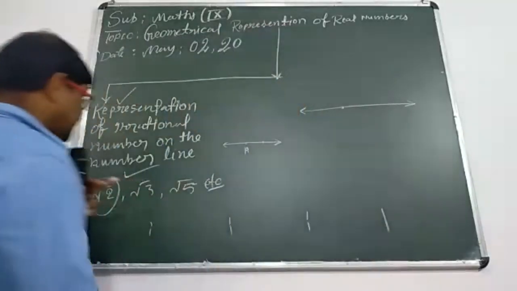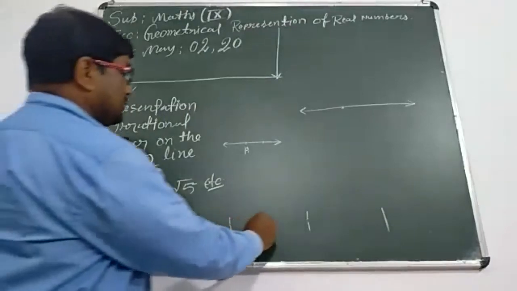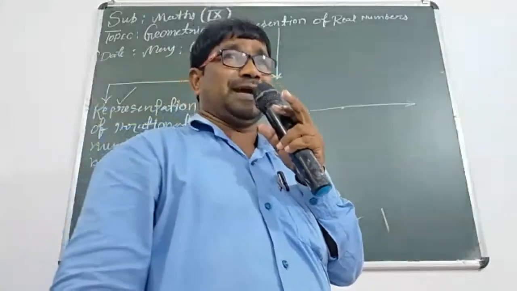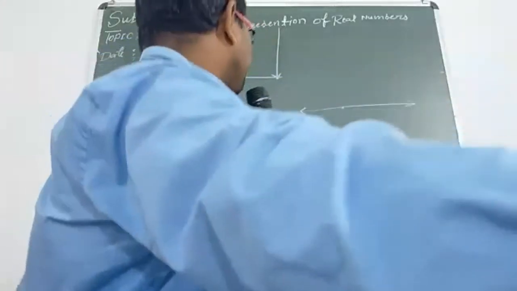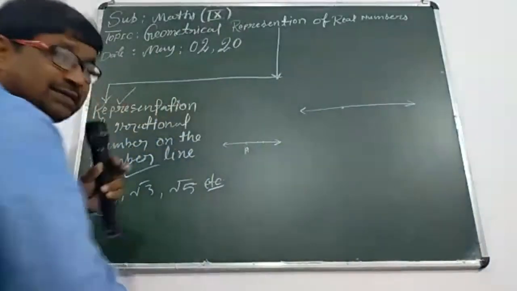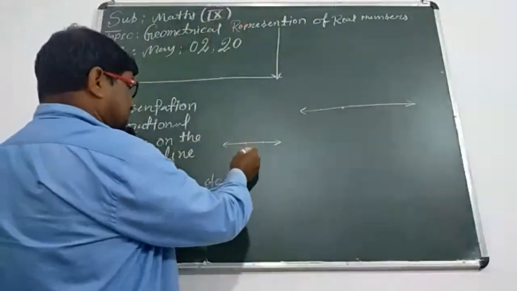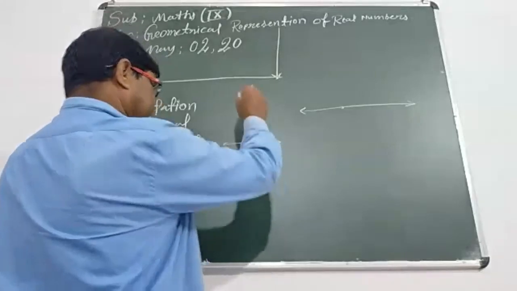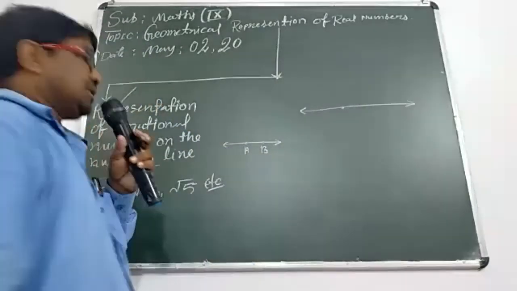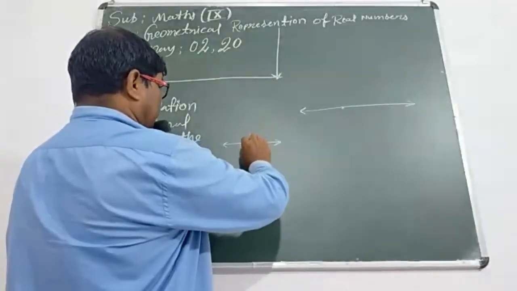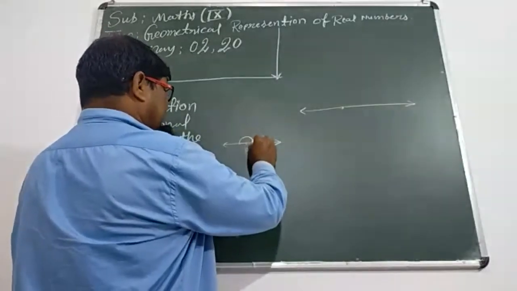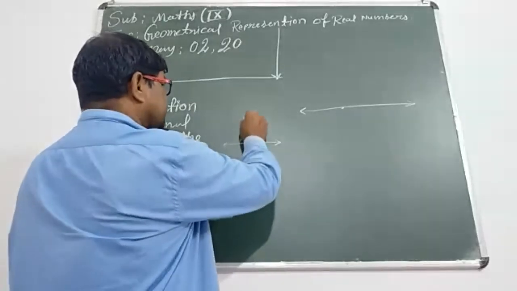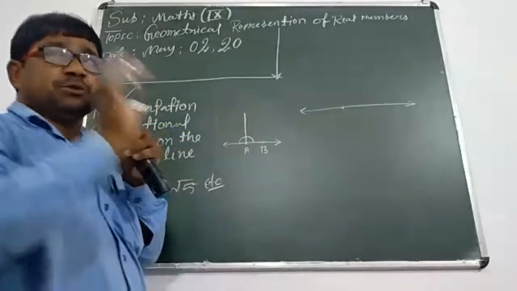A student, this is also a unit developed by ourselves. Okay, so suppose that you are taking distance 1 unit from A. This is B. Now we are drawing a perpendicular on the point A. Suppose that this is the perpendicular.